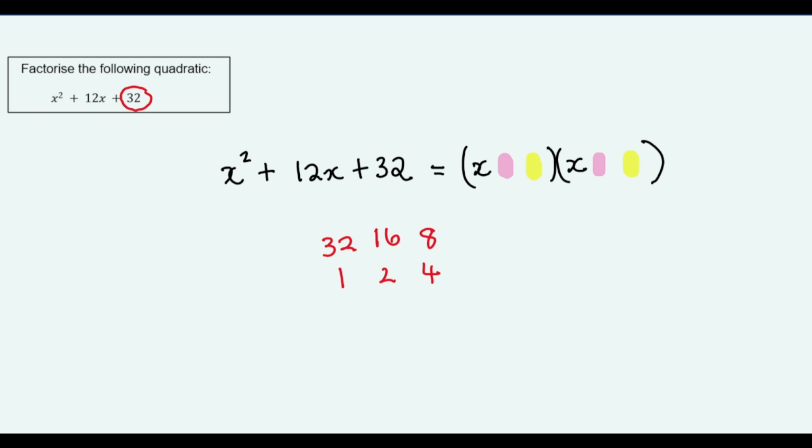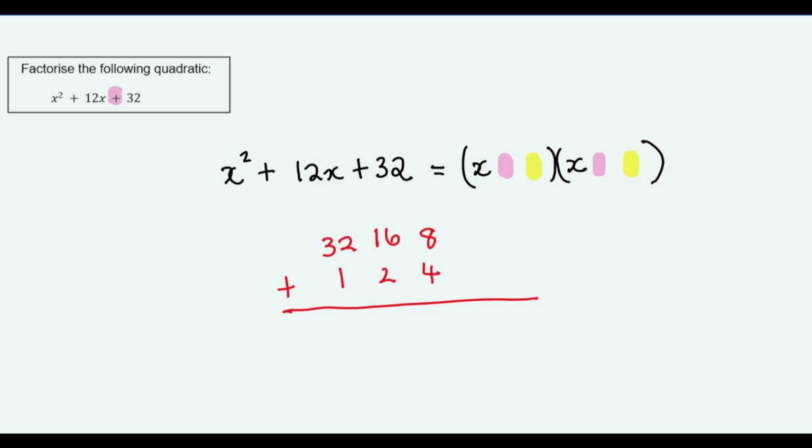Okay. So now we need to check which of these will give us the middle term when you add them. So that number on the right over there will tell you, do you need to add or subtract these factors of 32?